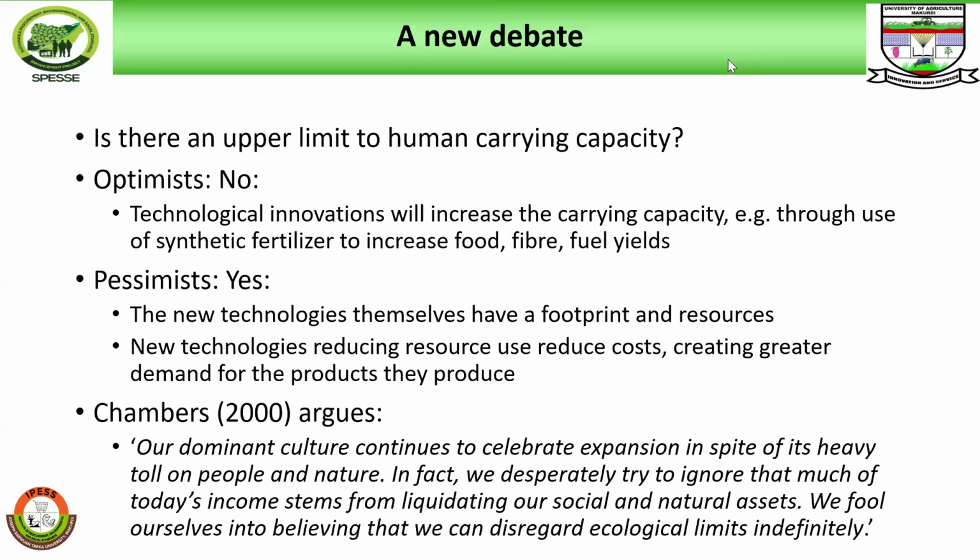Chambers in the year 2000 argues that our dominant culture continues to celebrate expansion in spite of this heavy toll on people and nature. In fact, we desperately try to ignore that much of today's income stems from liquidating our social and natural assets. We fool ourselves into thinking that we can disregard limits indefinitely.